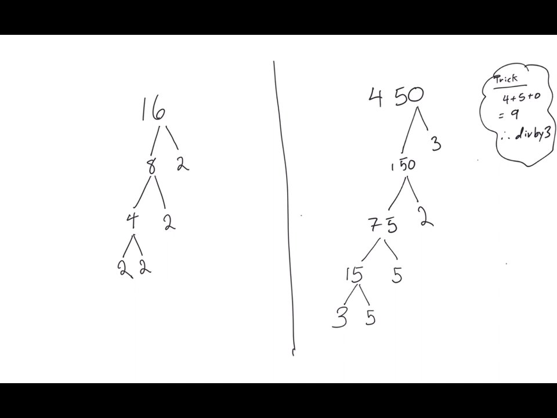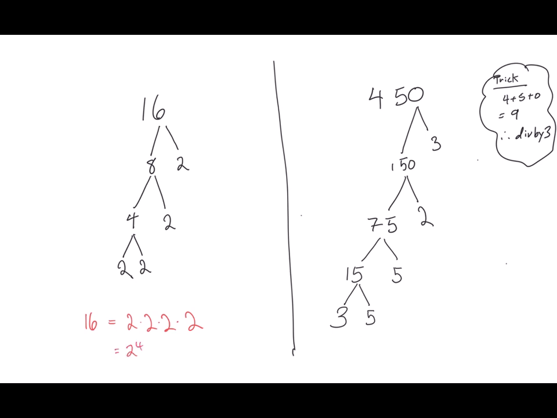And you'll notice from the first graph, if I look at the endpoints, this is actually telling me that 16 is equal to 2 times 2 times 2 times 2, otherwise known as 2 to the 4.